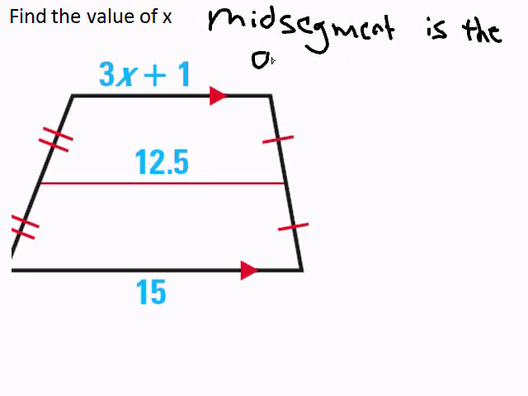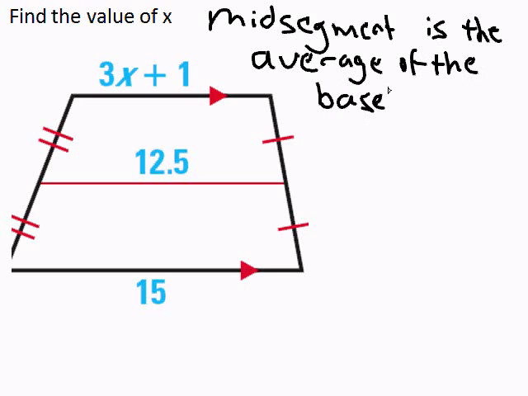Now you may be wondering, how is that going to help us find the value of x? Well, if we think about what the word average means, we can set up an equation.